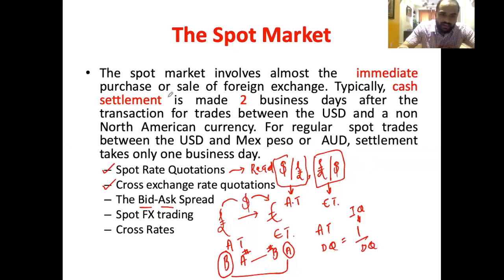So I guess last time we stopped here, at bid and ask spread, right? So we also finished that. In today's session, we will study spot forex trading. Spot forex trading is just a trading floor. How does a trading floor look?